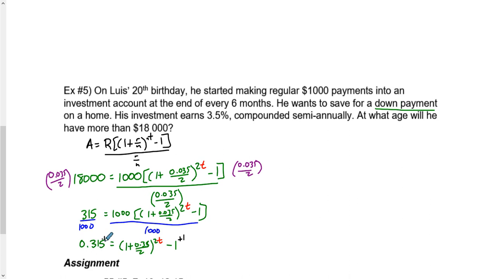I have to add 1 to both sides. So I'm going to continue my work up here. So I would have 1.315. Oh, sorry, that should be a 0.035.